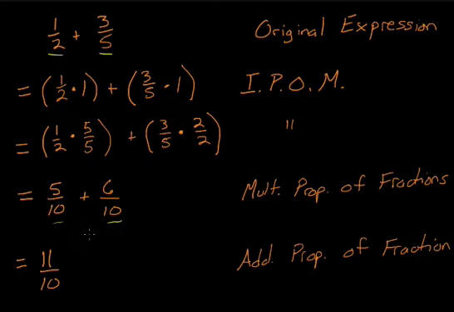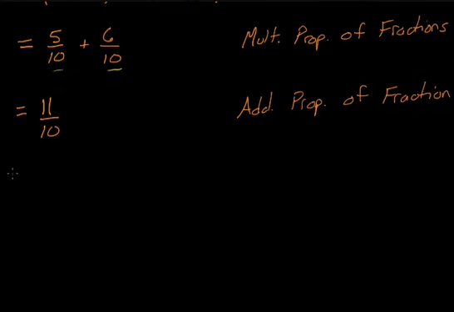Although it would be more appropriate to convert this fraction into a mixed number. So 10 goes into 11 one time with a remainder of 1 out of 10 parts. And there's no real property that states we can do this.